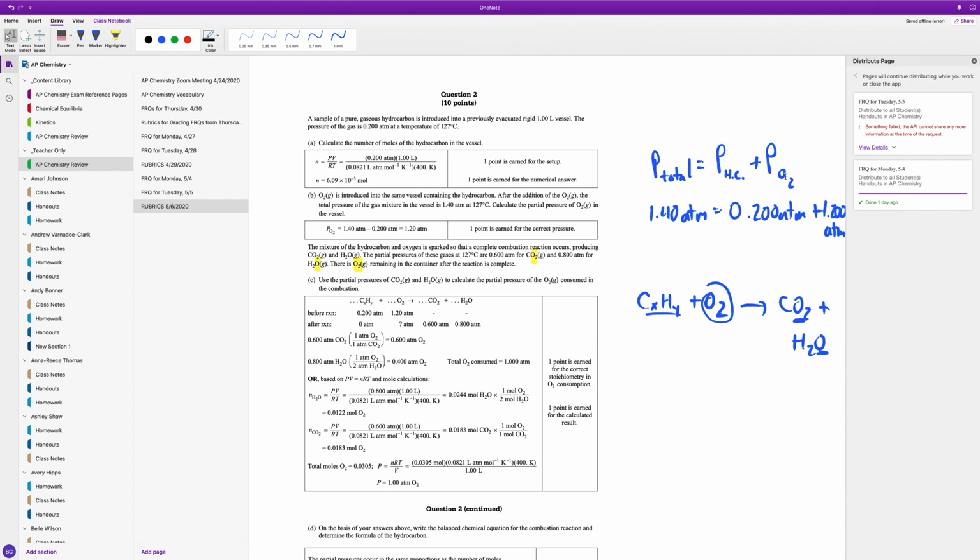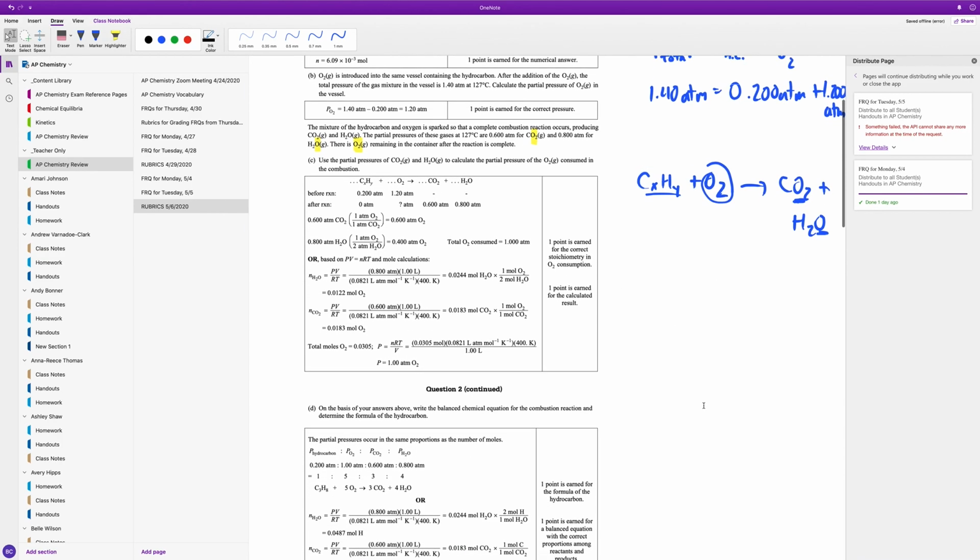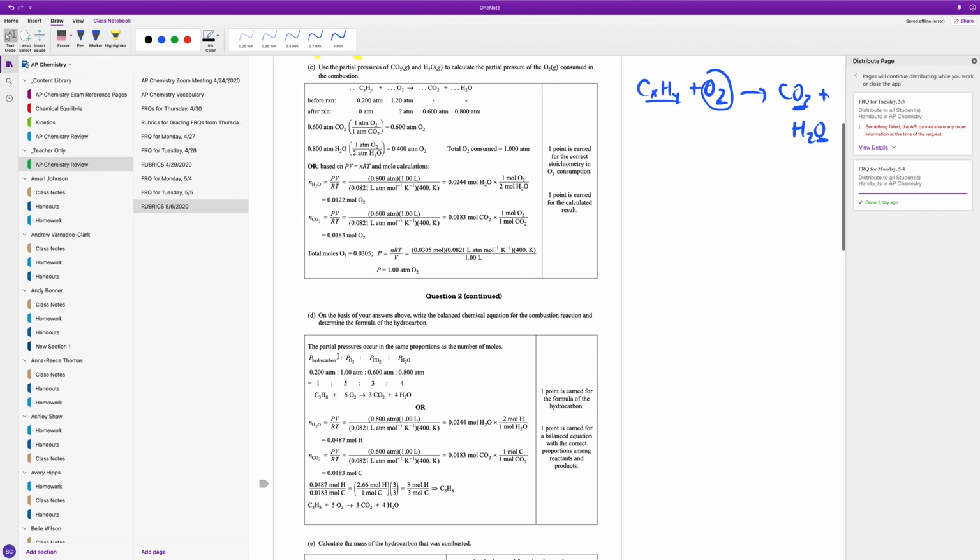Remember, its original partial pressure was 1.2 atmospheres, and here we've used up 1 atmosphere of oxygen. So there is 0.2 atmospheres of oxygen left over after all of that. So the partial pressures occur in the same proportions as the numbers of moles. Absolutely right. So it seems to be the case that there's that 3 to 4 ratio that I mentioned earlier.